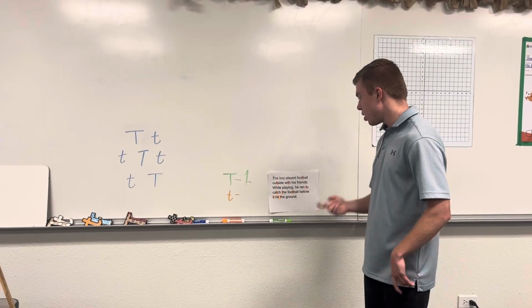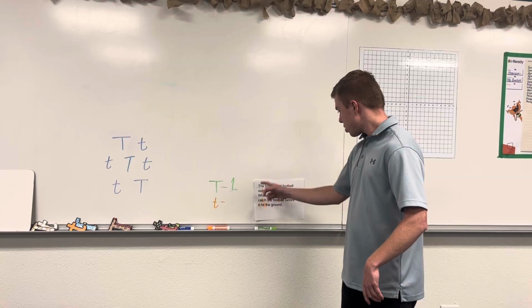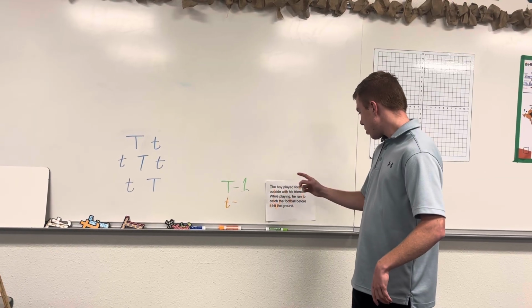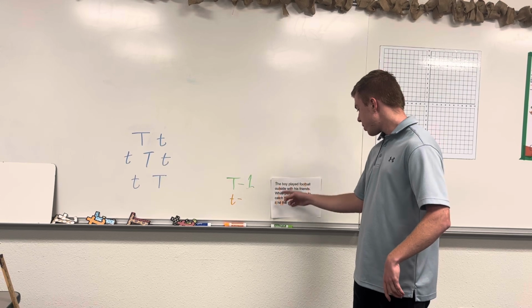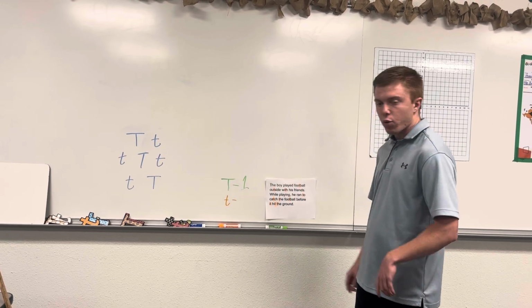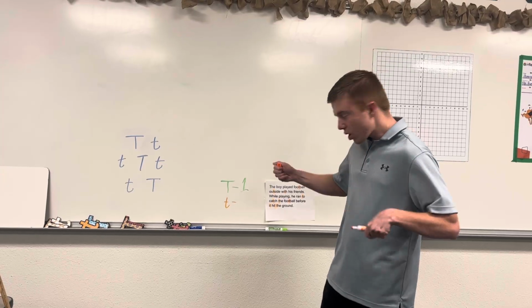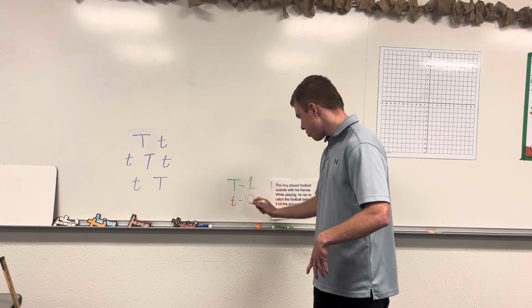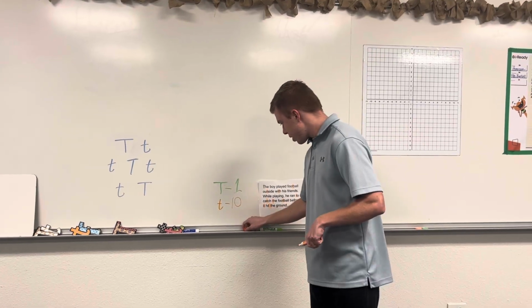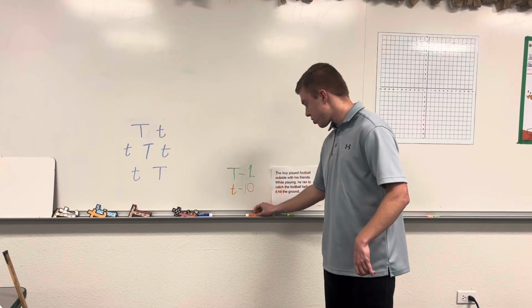We have 1, 2, 3, 4, 5, 6, 7, 8, 9, 10. So we have 10 lowercase t's. In all the t's in these two sentences, we have 11 in all: 10 lowercase and 1 uppercase.